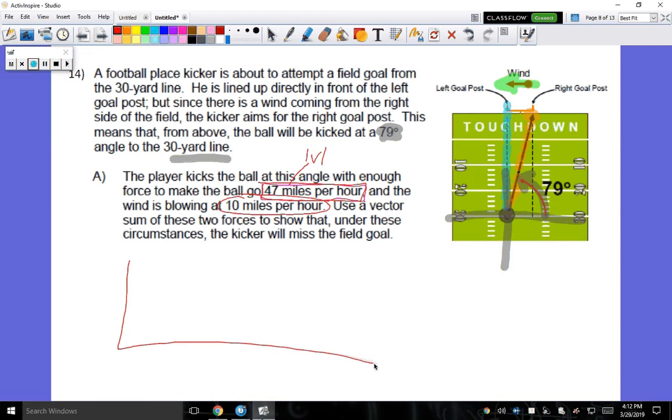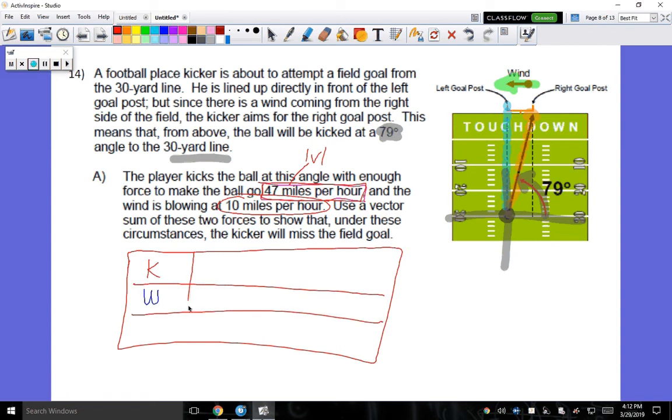So let's go ahead and build a quick little table. We have K for the kicker, W for the wind, and let's see what we get as a resultant vector sum. We have directional angle, the magnitude, and then K plus W, the resultant that we're going to get.